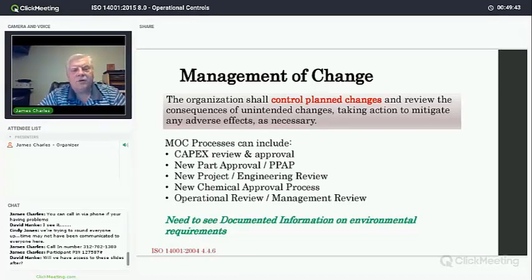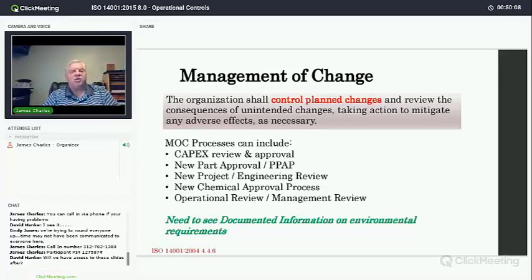There may be some opportunities there to at least demonstrate some consideration of environmental issues. Through your new part approval or PPAP process, there should be some review of the customer requirements for the new part. Hopefully, some discussion of the environmental portions of that would be helpful.